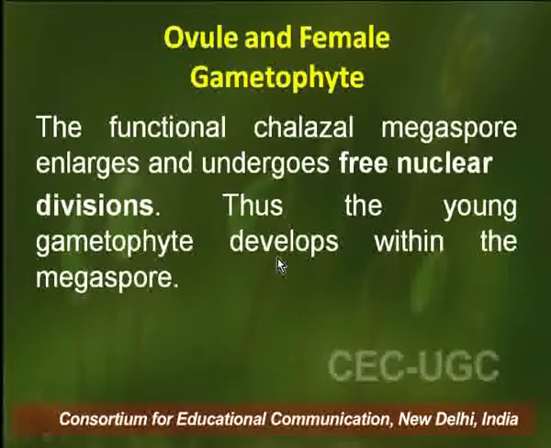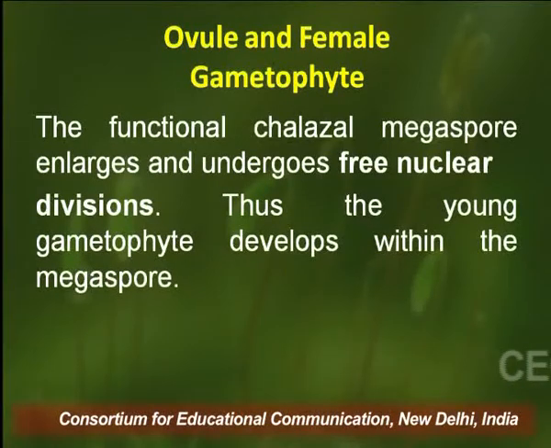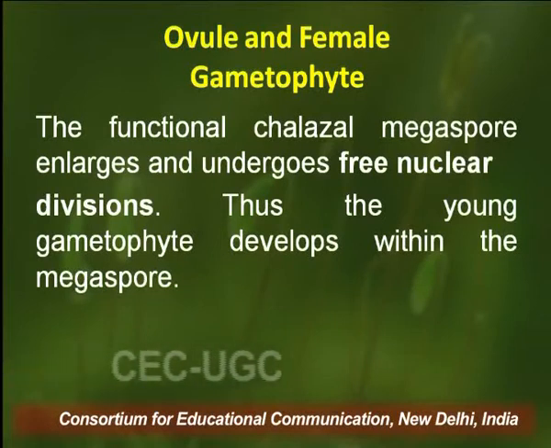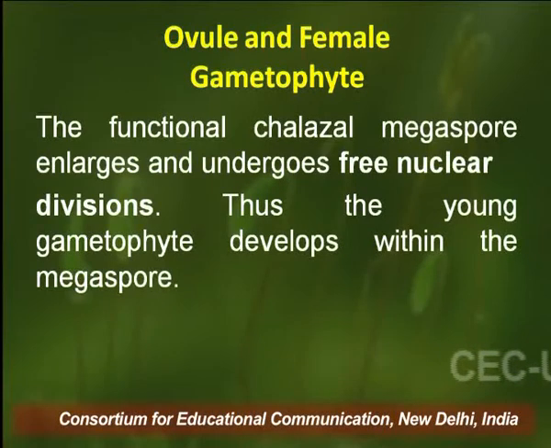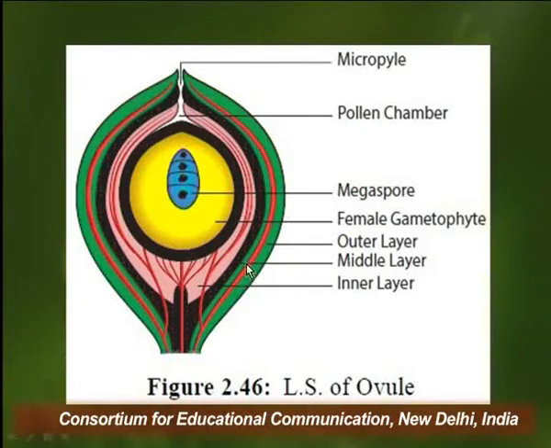The functional chalazal megaspore enlarges and undergoes free nuclear division, and thus the young gametophyte develops within the megaspore, which is enclosed by the spore wall. It is very clear in this diagram, where we can see that a megaspore covered by a spore wall undergoes multiple divisions and gives rise to the multinucleate, multicellular female gametophyte.